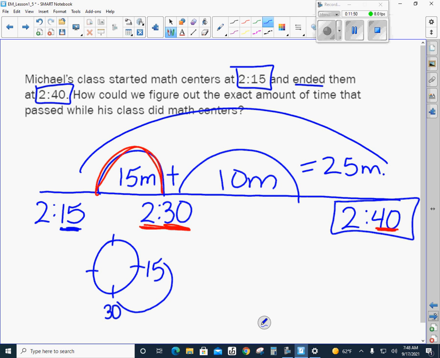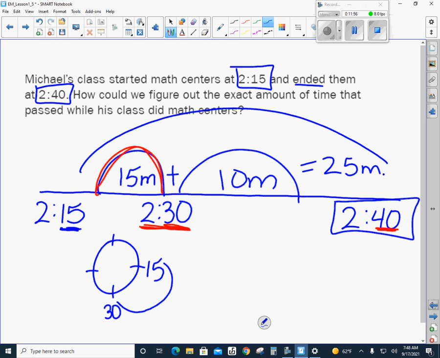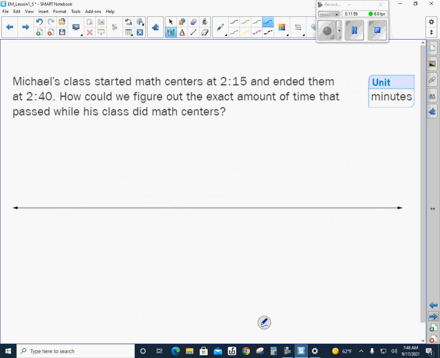Now, maybe your brain thought about it in a different way. So I'm just going to do it one more way. There's lots of ways. If you were in class, we would probably show lots of different boys and girls. But some of you might have jumped 5 minutes first because that gets you to an easy 2:20.